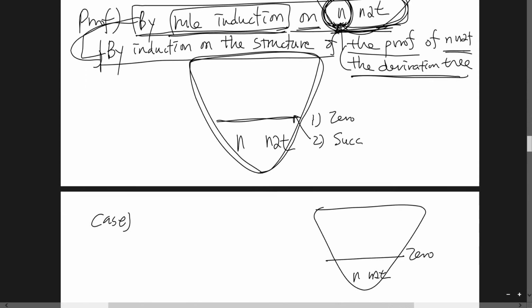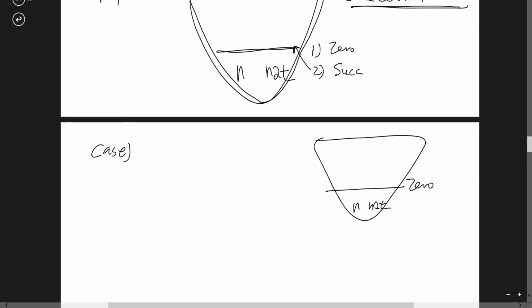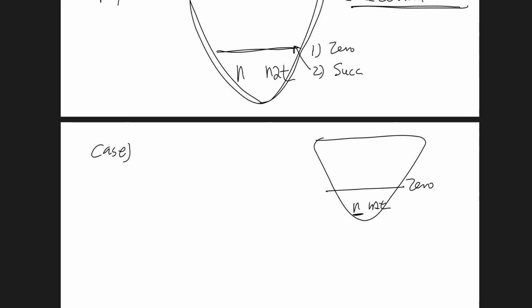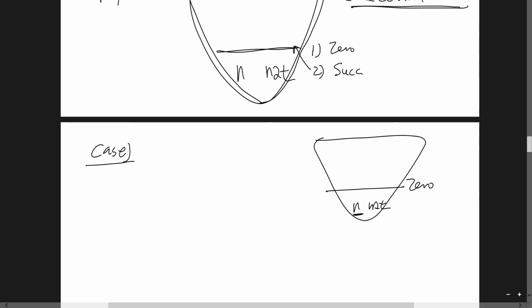Then we must have this equality. This n must be 0, the syntactic object 0. So the first can be written as 0 nat has been proven by applying the inference rule 0. In this case, n nat is basically 0 nat.